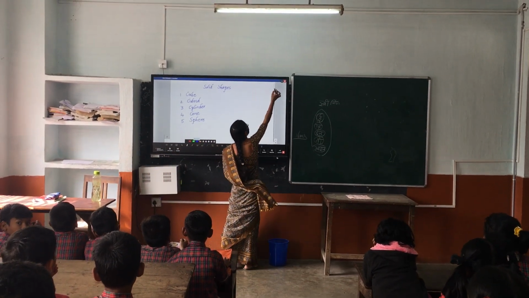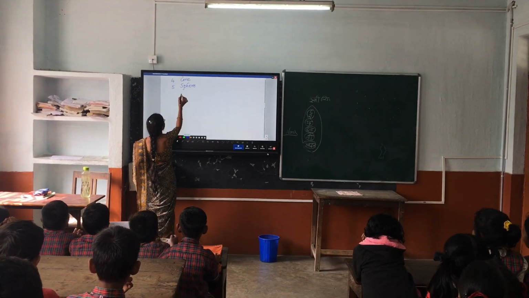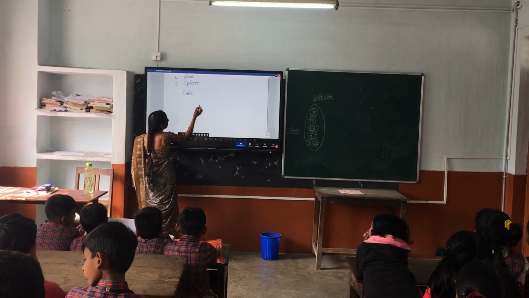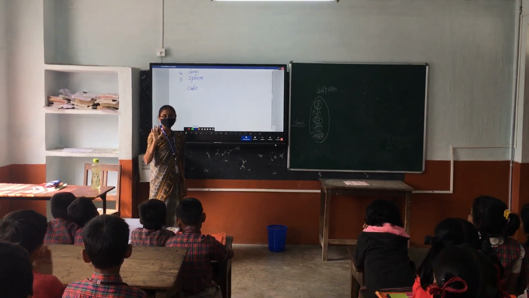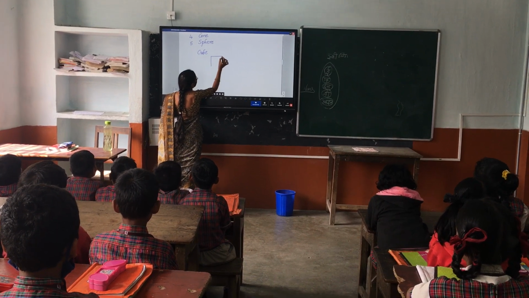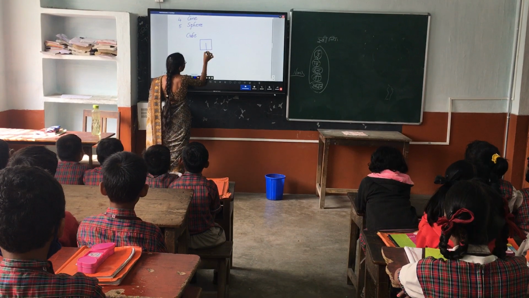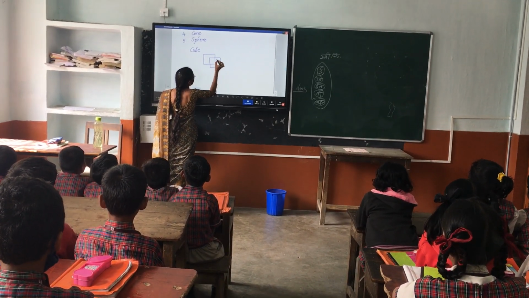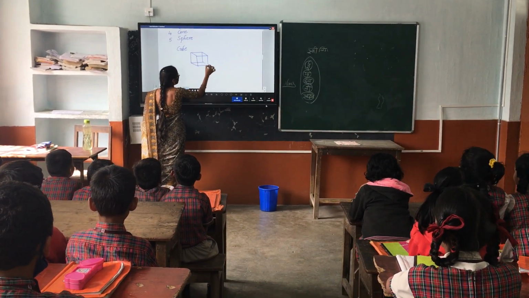Here, see, first one, cube. An easy way: all faces of a cube are in square shape. Like this. Square. I am drawing another square inside it. Okay, I am joining these edges.